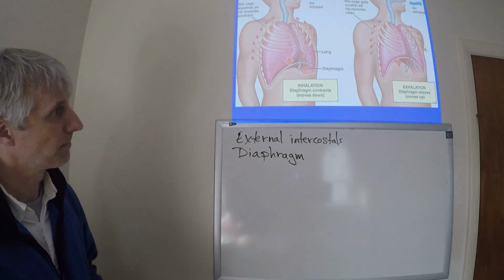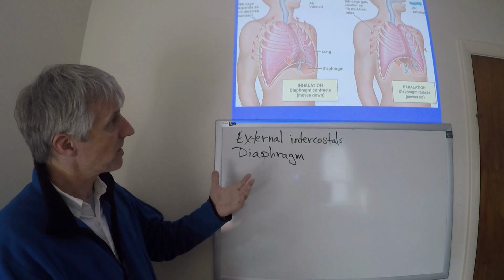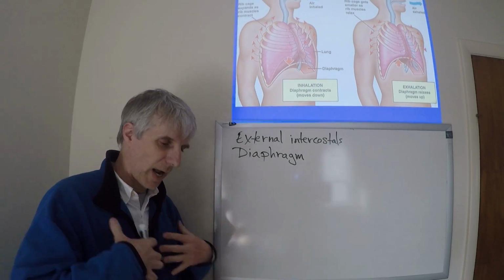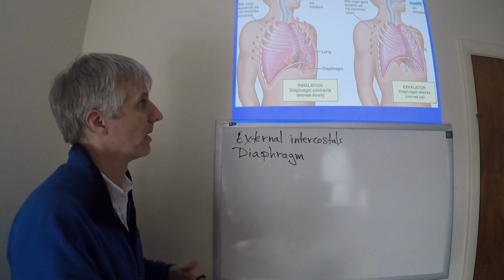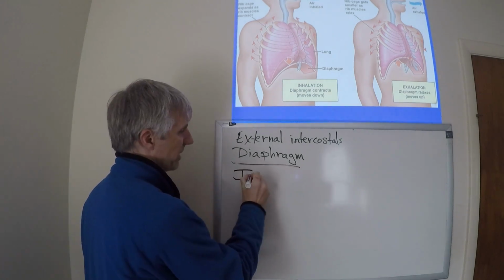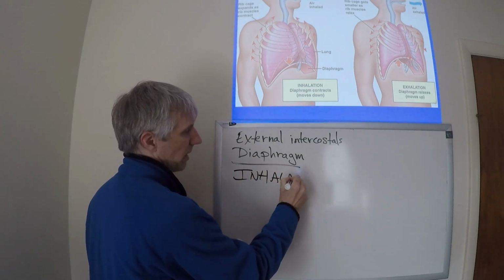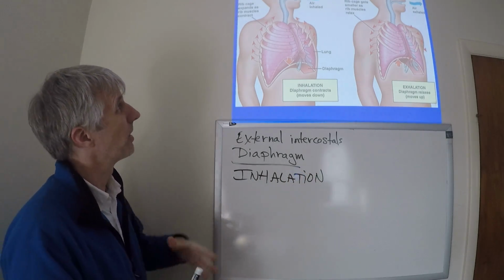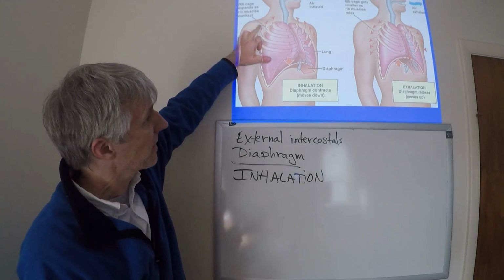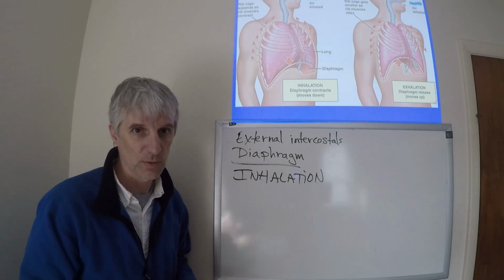Okay. All right. Now, this process of contracting the external intercostals and contracting the diaphragm, collectively what we're getting is this process of inhalation, right? I'm inhaling air because of the activity of these two sets of muscles.